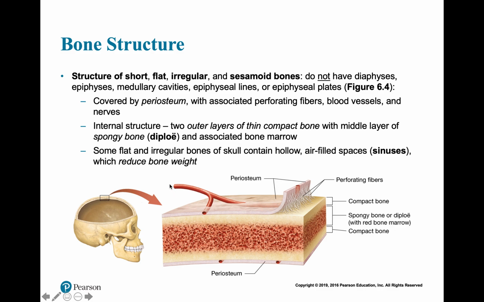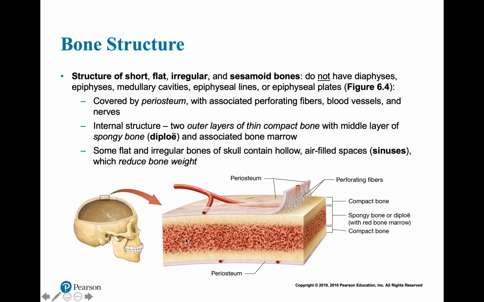It contains a blood supply, so this is how blood vessels get to the bone itself. It provides blood vessels, a nervous tissue supply, as well as those cells that will participate in the growth, development, and remodeling of bone. And it still has those perforating fibers, those collagen fibers that help anchor the periosteum to the bone tissue itself. So those structures are similar.